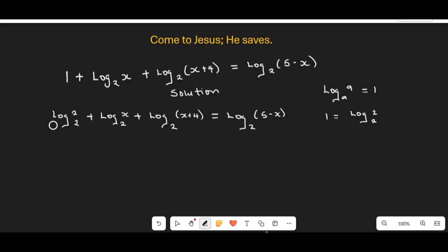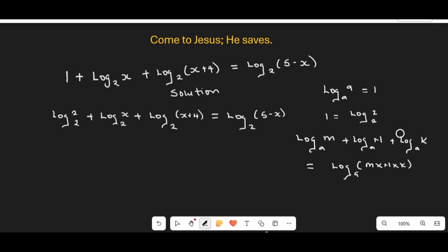Now let's rewrite the left hand side, and I want you to recall that if we have log m base a plus log n base a plus log k base a, it is equal to log m multiplied by n multiplied by k base a.